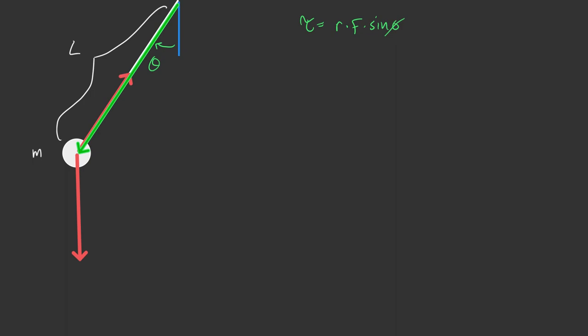I do believe that the weight is causing a torque. The weight is acting downwards. Based on the position of the pendulum, this would be the angle between the torque arm and the weight. So I believe I can write the torque on the pendulum as L times mg times the sine of theta.